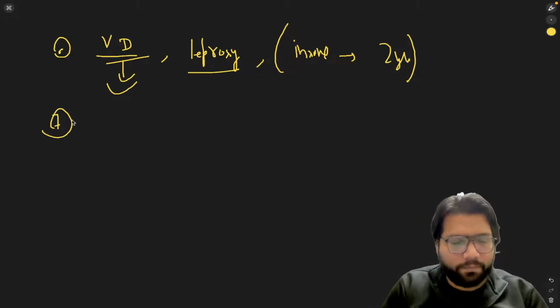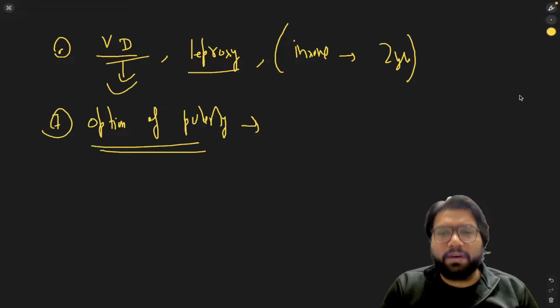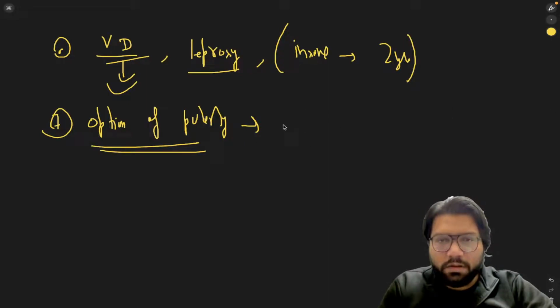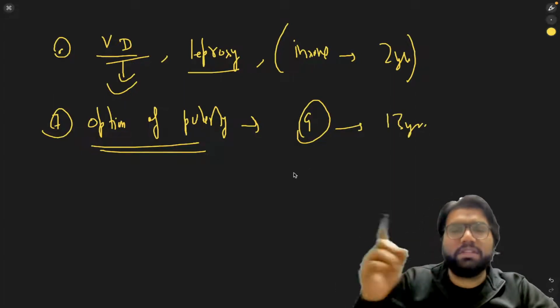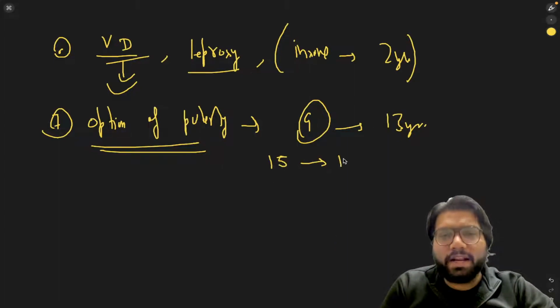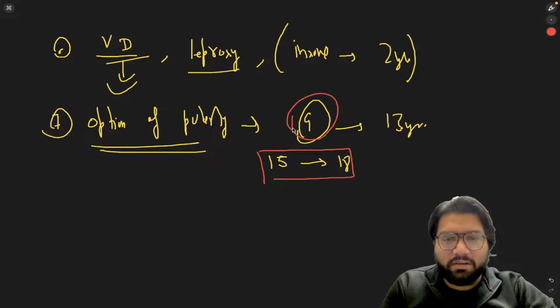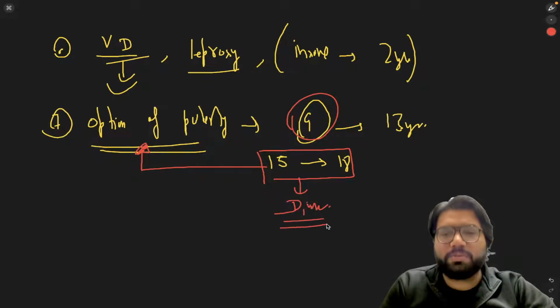7th is the option of puberty. At the time of nikah as well, I have told you about this concept: if a girl got married at the age of, suppose, 13 years with the consent of the guardian, then when this girl is 15 years until 18 years, from 15 till 18 years, this is the window where the wife can choose the option of puberty, which means she can go for divorce within this period.